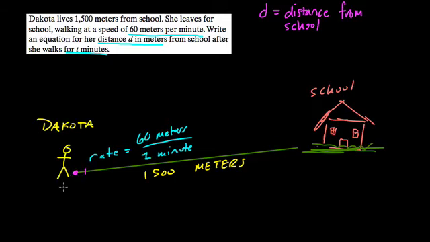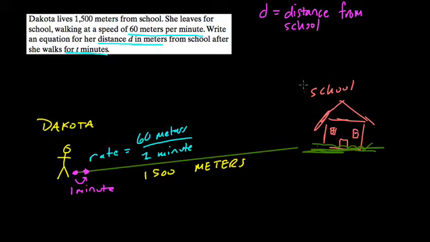Well, initially she was 1,500 meters away. Now, if she's walking 60 meters for every minute, then there are 1,440 meters left, right? I just take the 60 meters from the total distance because every minute she's getting 60 meters closer. You want to think about that in this problem.